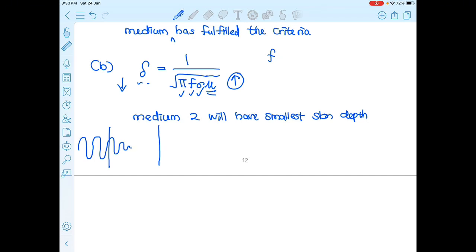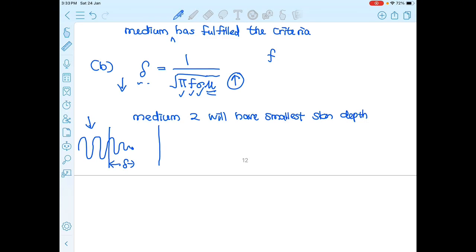So when the skin depth is very thin in a medium, it means that very fast this electromagnetic wave energy will drop. So this is the skin depth, the point where it has dropped to 37% of the amplitude of the original electromagnetic wave.